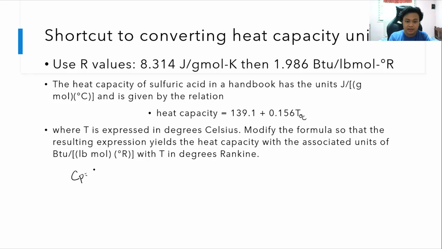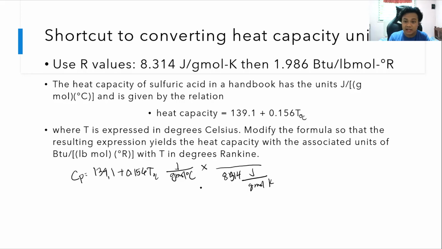So Cp is equal to 139.1 plus 0.156 T in degrees Celsius. The units of this are joules per gram mole per degree Celsius. So let's use the shortcut of Sir Conrad. We divide it by 8.314 joules per gram mole Kelvin.